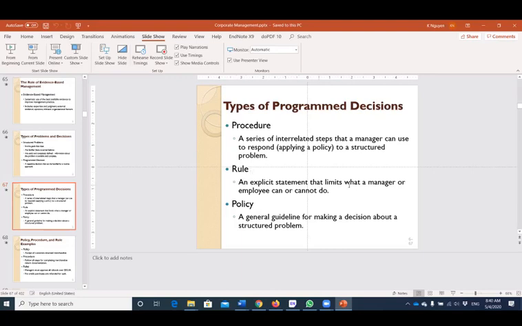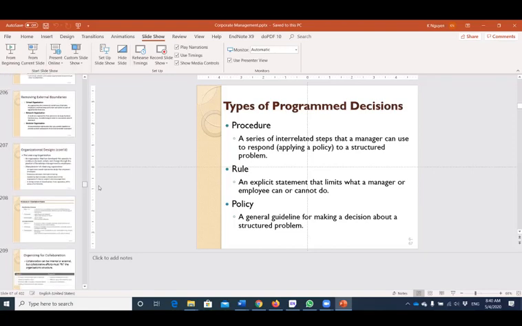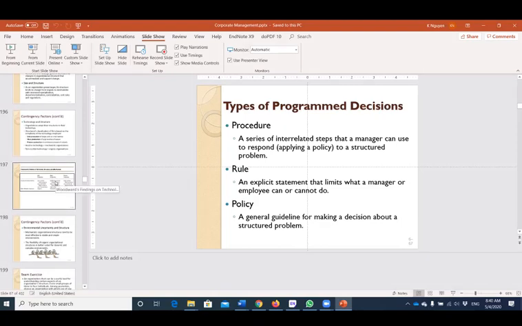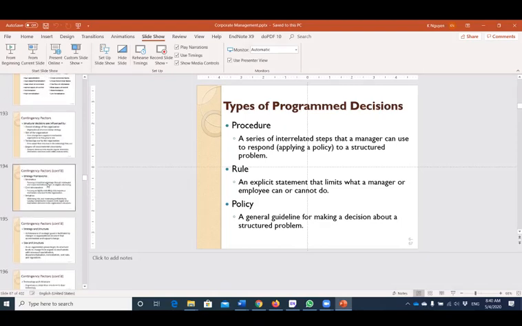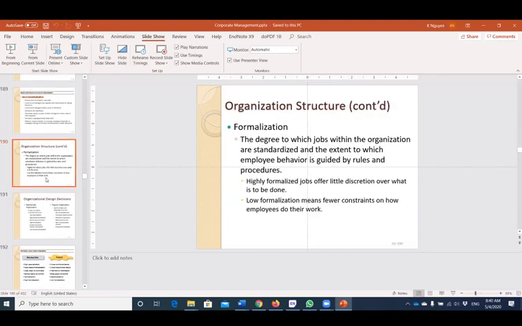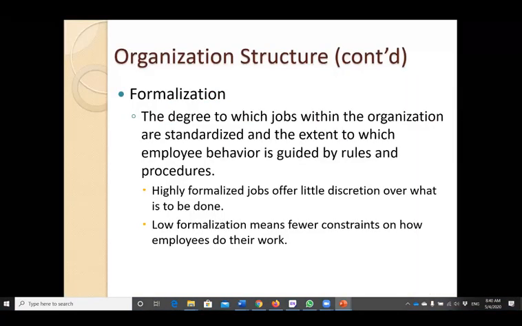And the rule is the explicit statement that limits what the managers or employees can do or cannot do. Right? That's procedure.